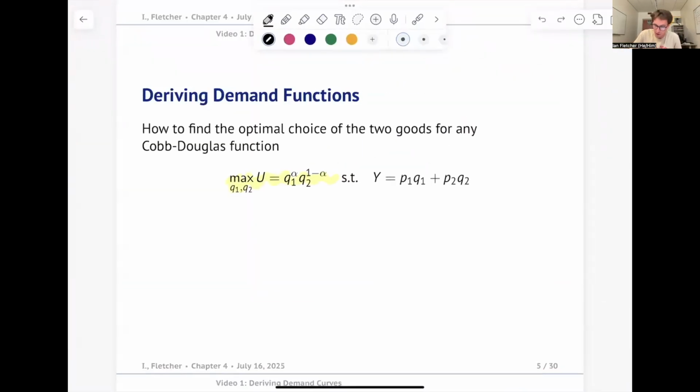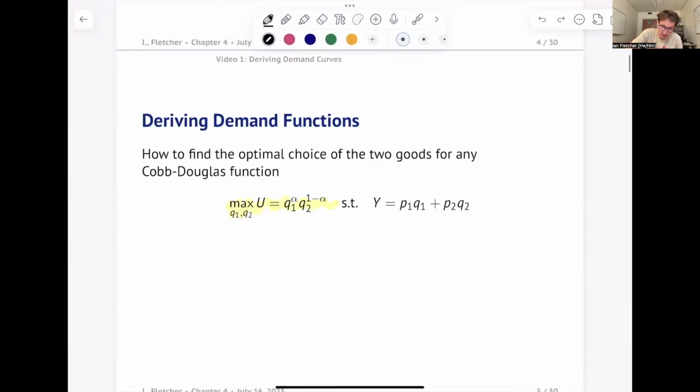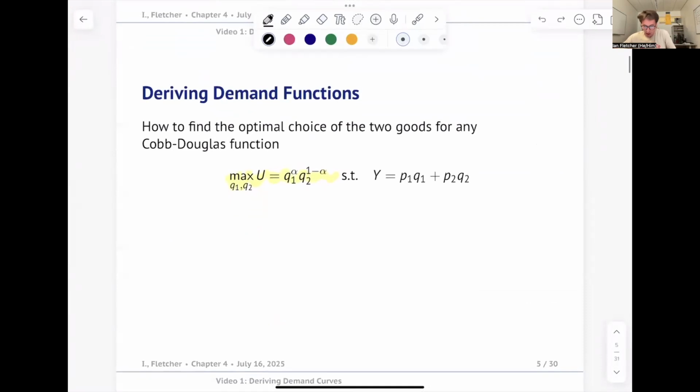We can get 2 formulas here to make sure that these demand functions are correct. To get these demand functions, since we're dealing with something symmetrical, and our Cobb-Douglas function has alpha and 1 minus alpha, subject to y equals p1 q1 plus p2 q2, we can make a general formula to follow.